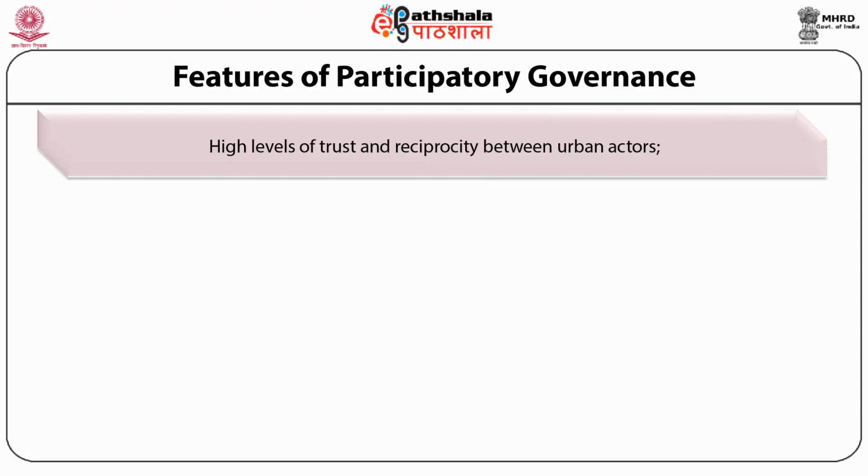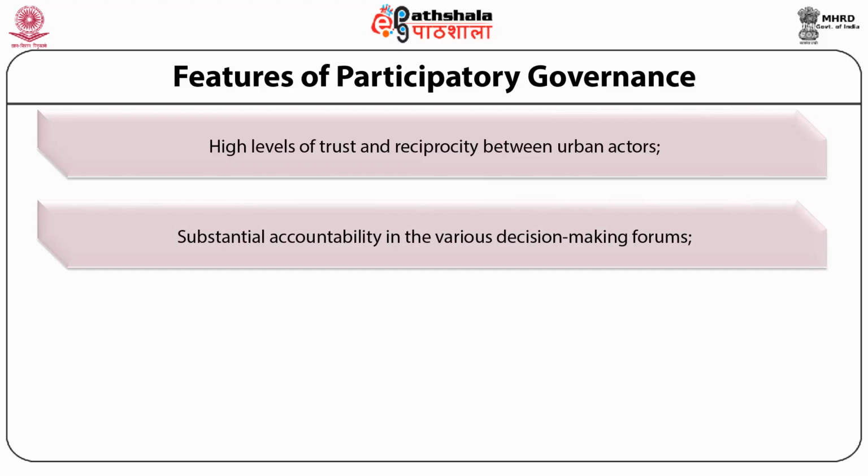Another feature demands substantial accountability in the various decision-making forums, especially the political and public realms, expressed through active citizen influence and oversight, responsive and responsible leadership, adherence by all stakeholders to the rule of law, and vitally, transparency in decision-making processes.